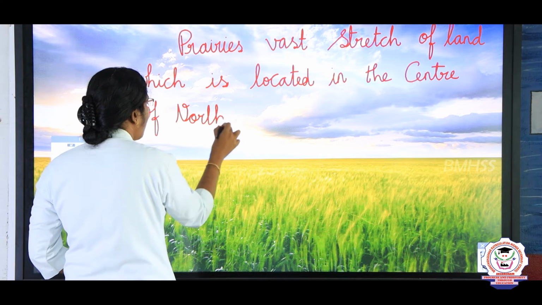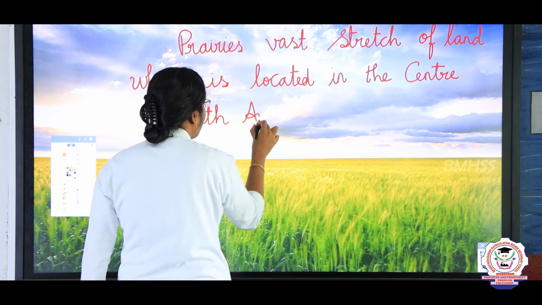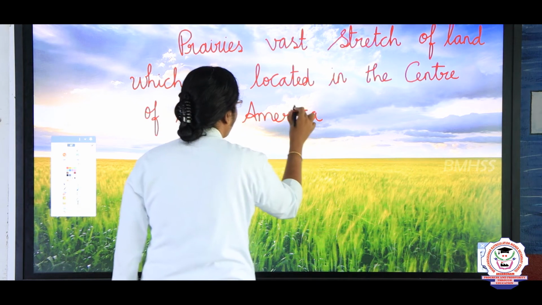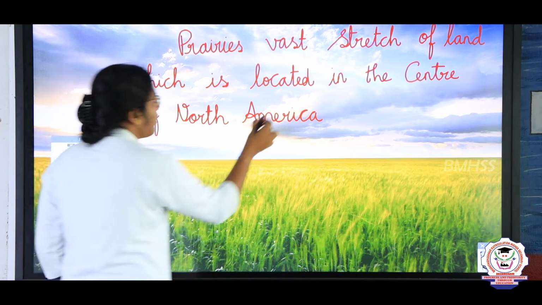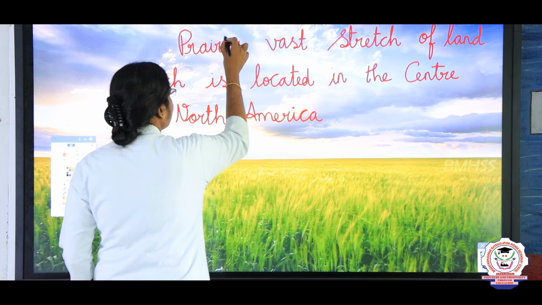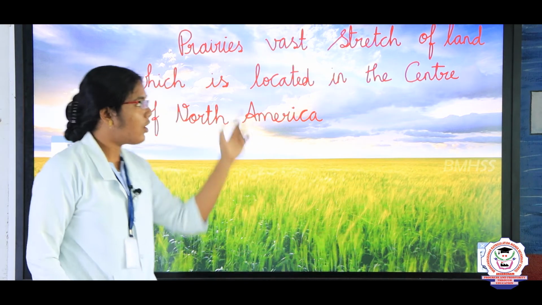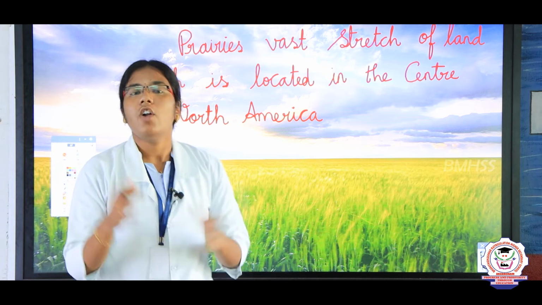So prairies are a vast stretch of land located in the centre of North America.